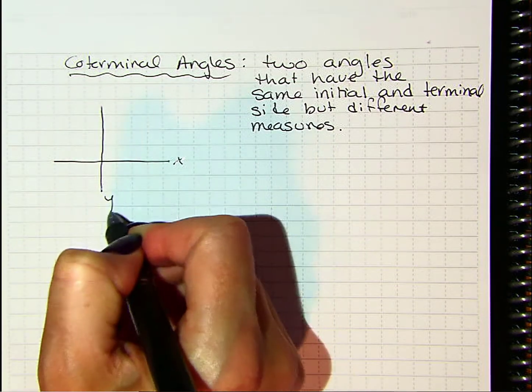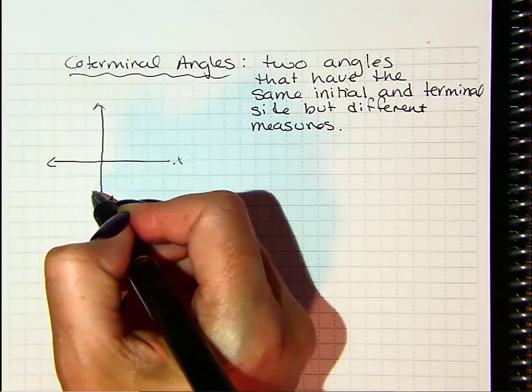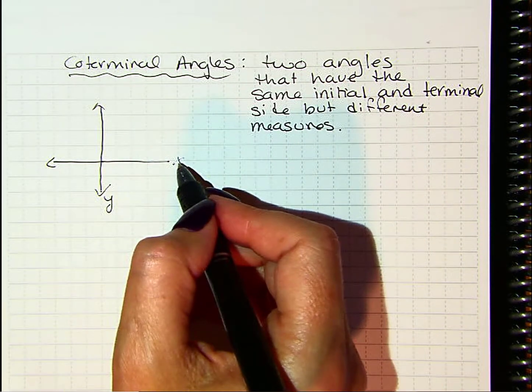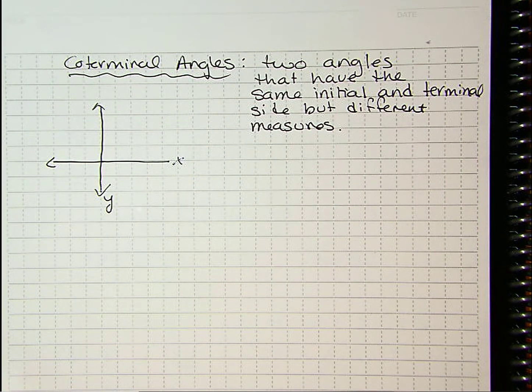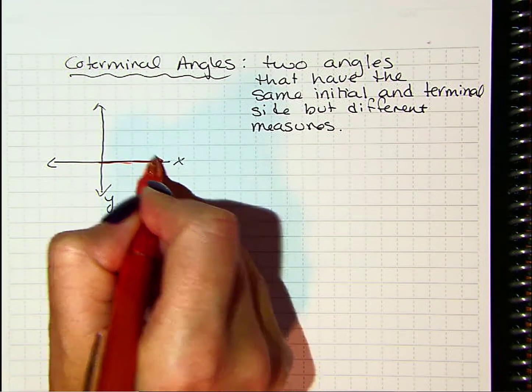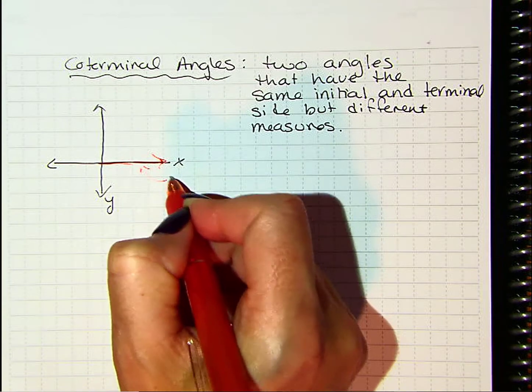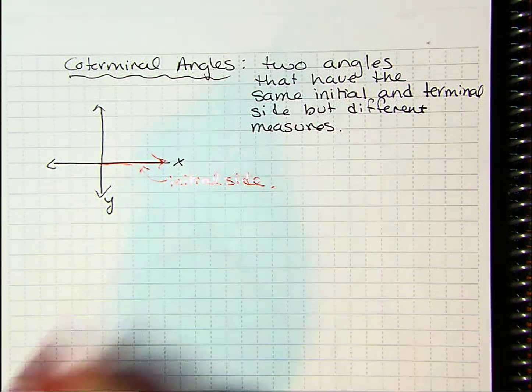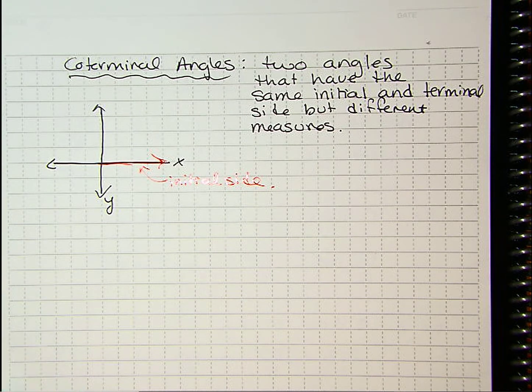You may remember from last year that initial sides start on the positive x-axis. So this is our starting position. So this is our initial side. A terminal side is wherever the angle stops.